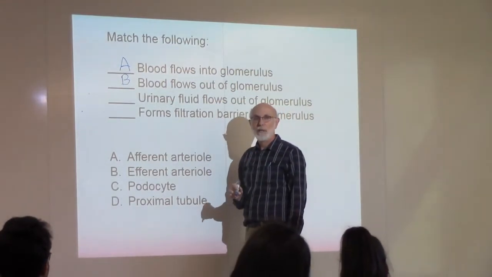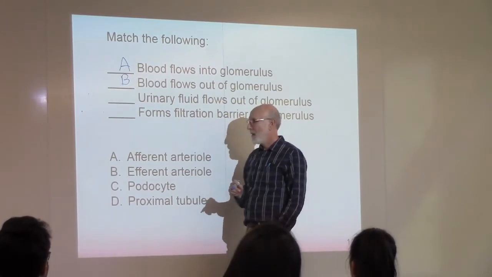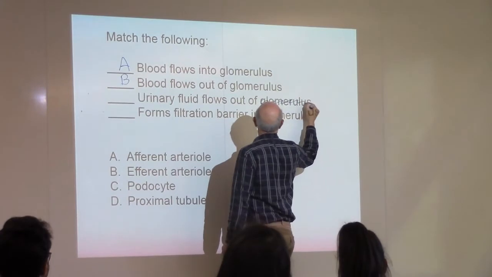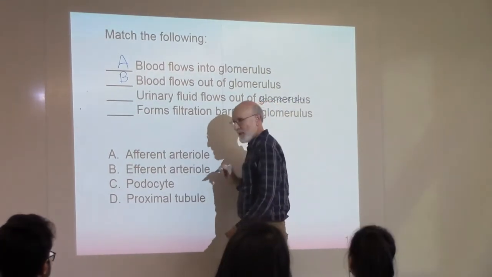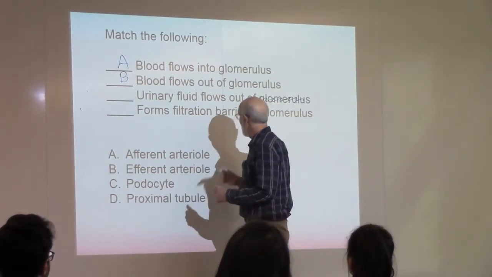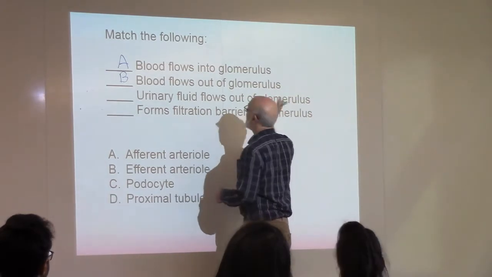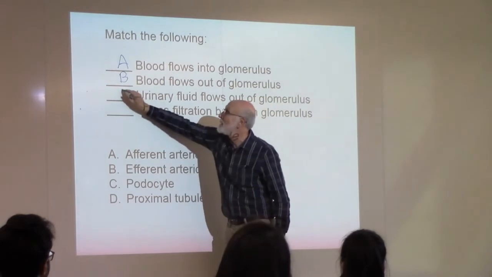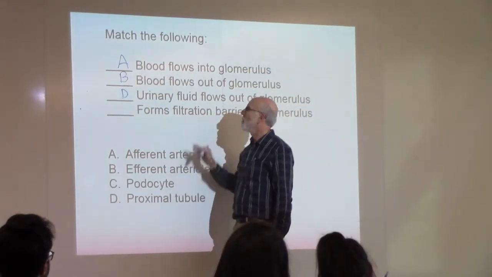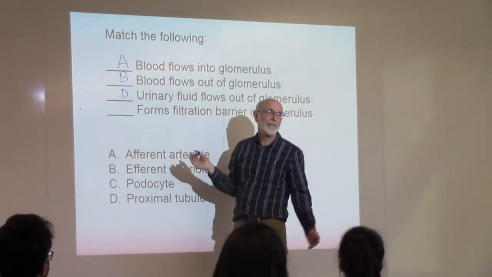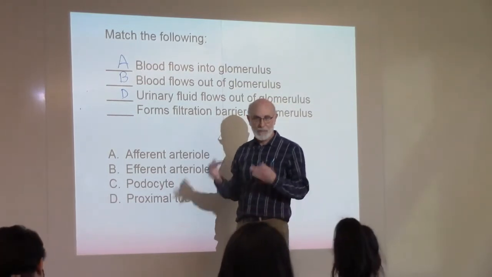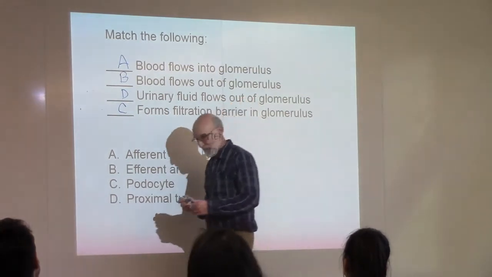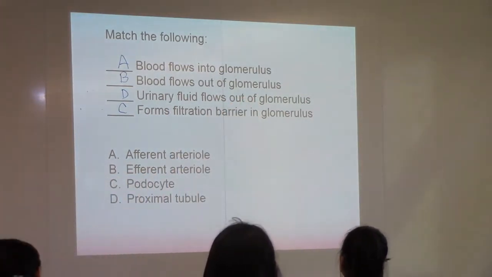Urinary fluid flows out of the, well, it doesn't really flow, it flows out of the, this is not well designed. So I could see two different answers on this one, but most of you are answering it the way I would do it, that's D. But you could say, well, okay, forms the filtration barrier. Okay, so, like I said, this is a pretty easy one.